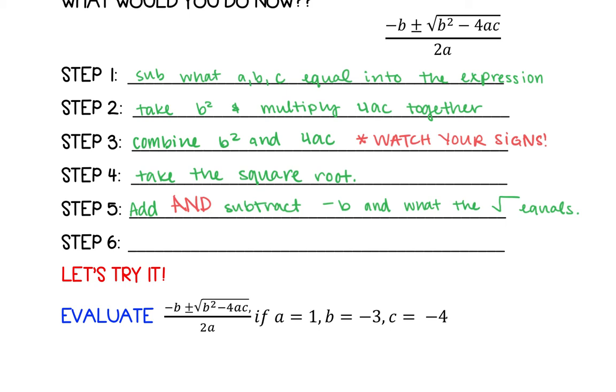So as you can see, we've added the 2a in the denominator. So that means that we are going to divide everything by 2 times a, 2a.